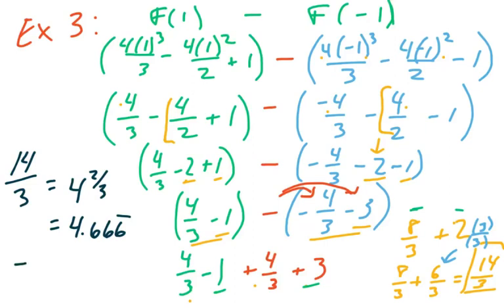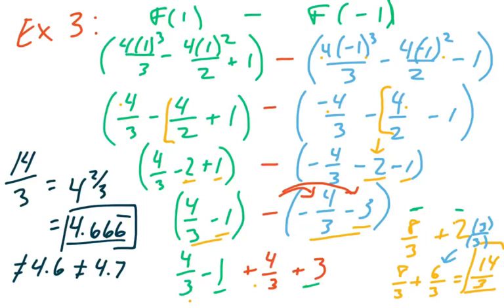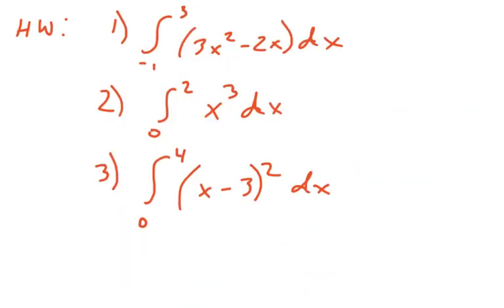You really should not write 4.6 or 4.7, right? You shouldn't round any of these things. So if your calculator gives it to you as the decimal, you really should have the bar above the number to signify that it is a repeating number, an irrational number. Okay. All right. So the next slide here.